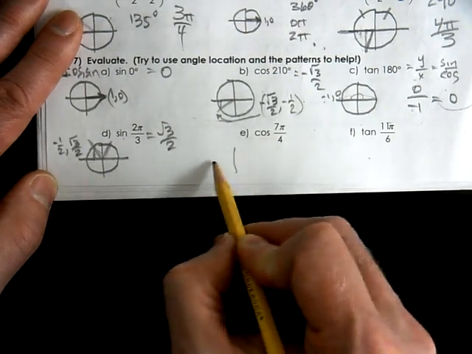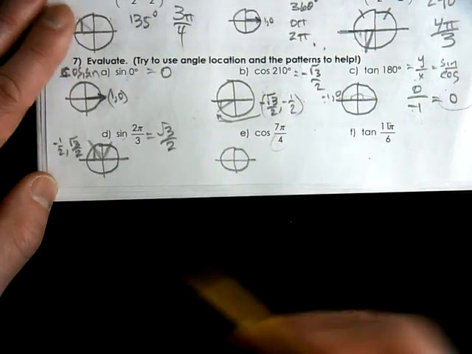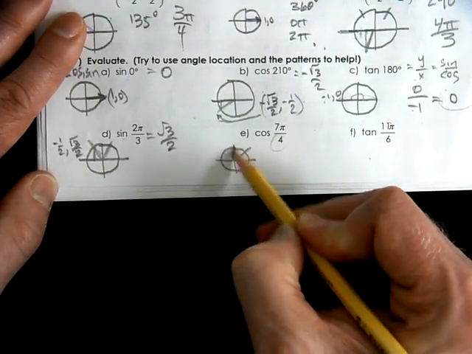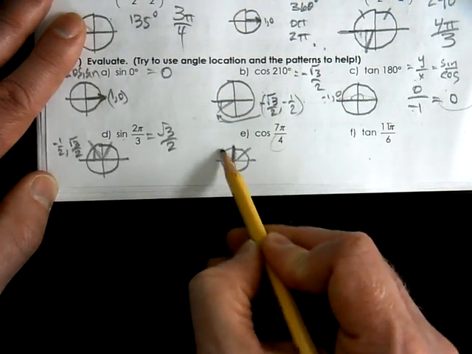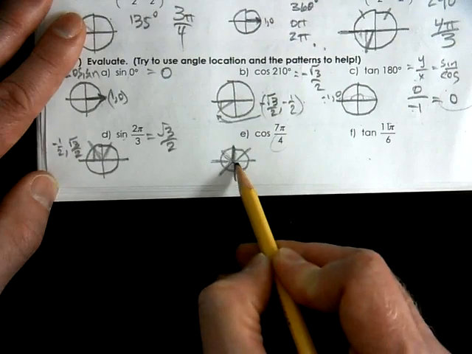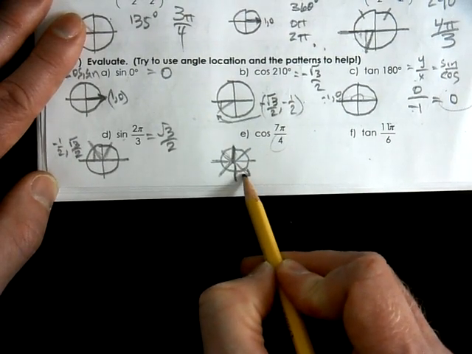7 pi over 4. I know that over 4 is the 45s. So this is 1 over 4, 2 pi over 4, 3 over 4, 4 over 4, 5 over 4, 6 over 4, 7 over 4. It's pointing in that direction.